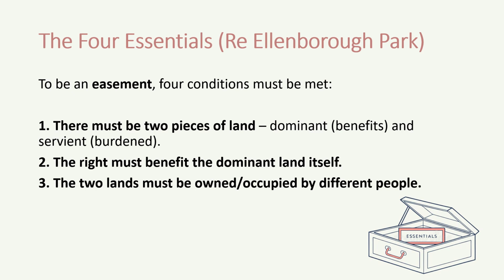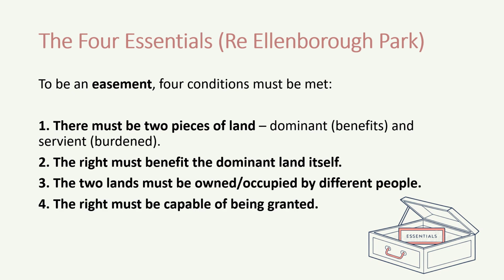The next one though is a bit easier again. It just means that the two pieces of land, so the dominant land and the servient land, need to be owned or occupied by different people. That's a fairly self-explanatory one.